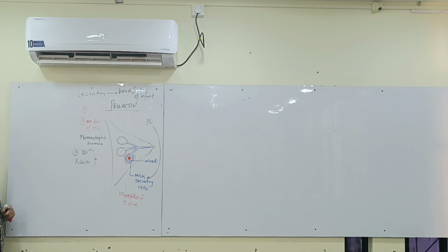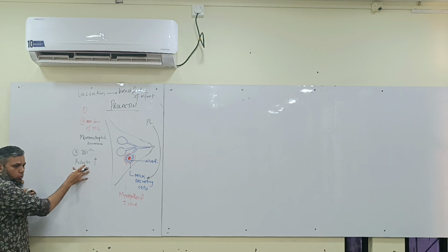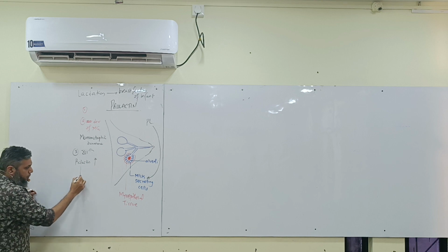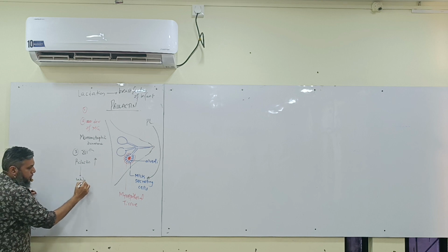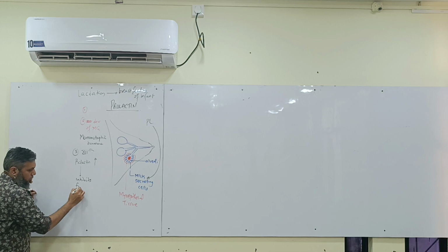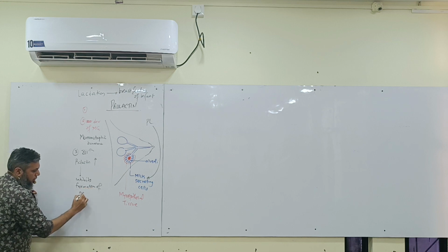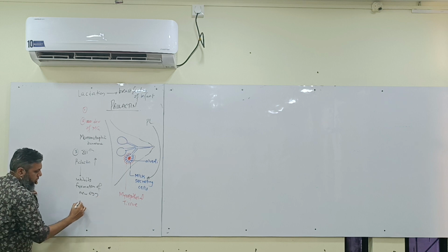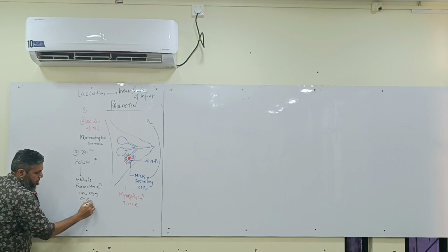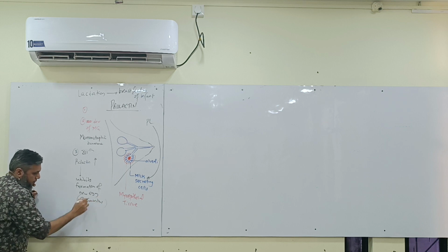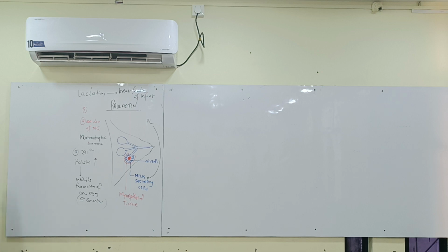As the levels of prolactin are high, it inhibits formation of a new egg approximately for 6 months after the birth of the child.